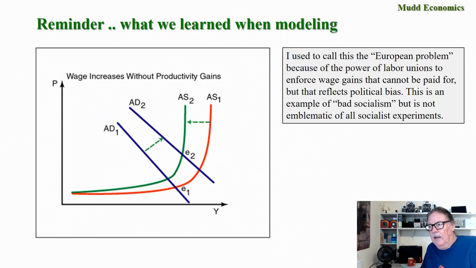And so you have the equilibrium movement from E1 to E2, and that, of course, is no economic growth and pure inflation. It is an example of bad socialism, but it's not emblematic of all socialist experiments. You can look at varieties of socialism where wages are stressed in Northern Europe, and you can see multiple examples of how they've made it work without having inflation as the result of it.